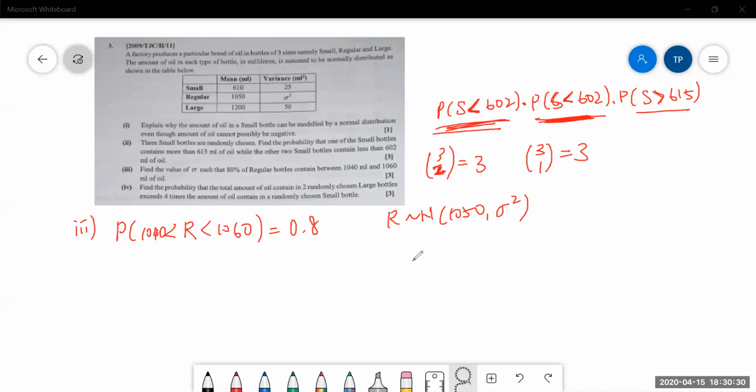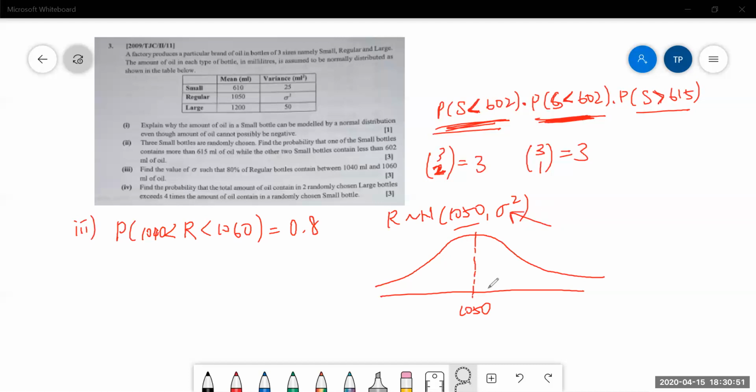Okay, so firstly, we have to draw the graph. This is 1050, right? Because the mean is 1050. Obviously, right over here, we do not have the sigma.